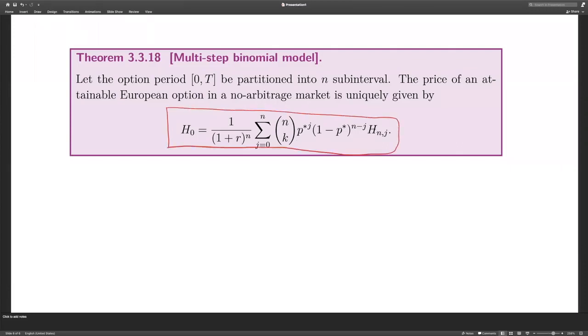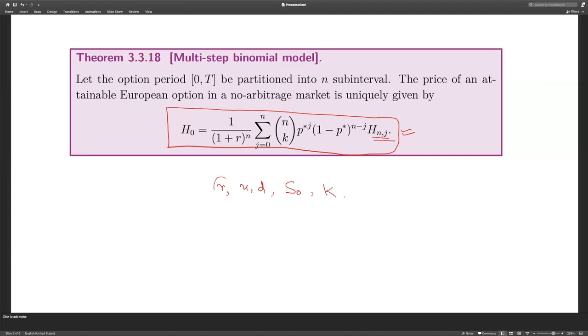Note, once you have this formula, you don't need to really have all those technical things that we have used in deriving this formula. All those technicalities are purely for deriving this formula. But once you have this formula, it's very easy. You give me R, you give me U, you give me D, you give me S naught, and of course this needs the strike price K also.